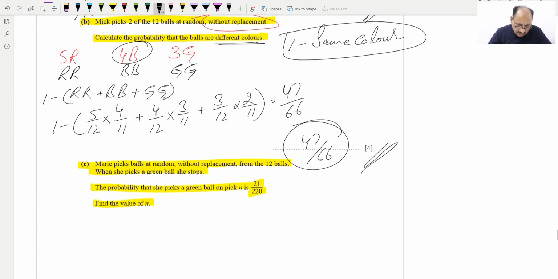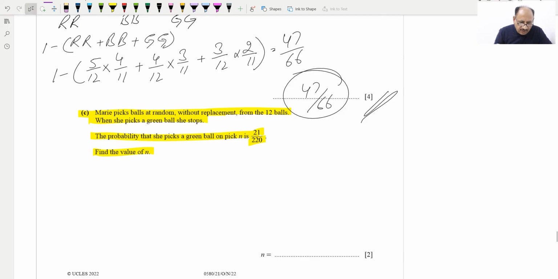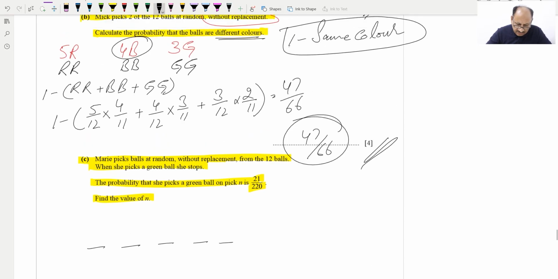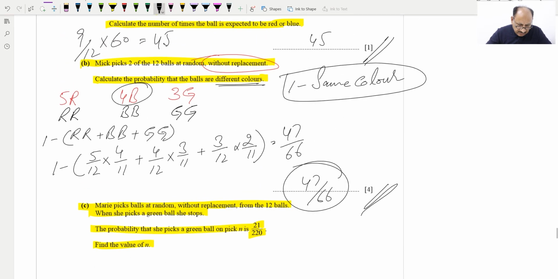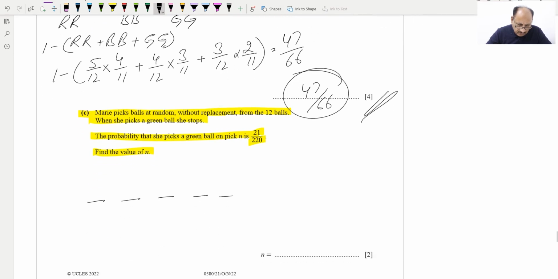So the maximum can be 5 options, 1 2 3 4 5, before she gets a green ball. So first will be 9 by 12 because all the balls will be there.